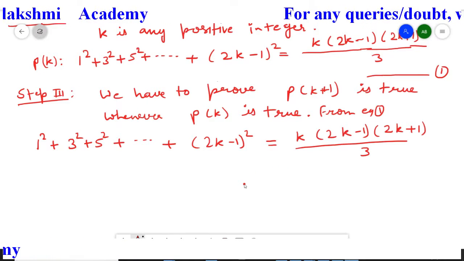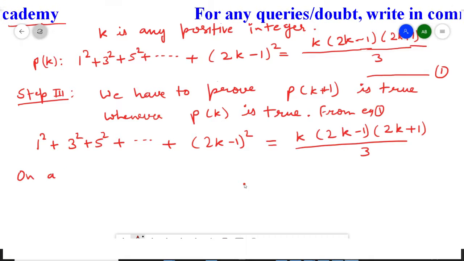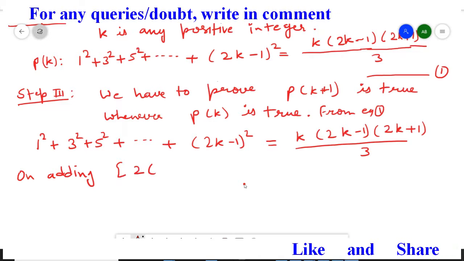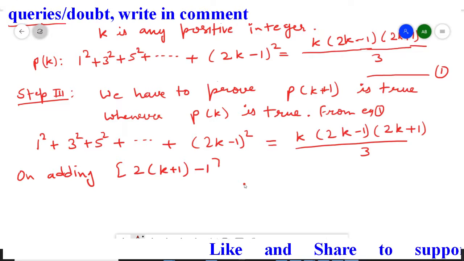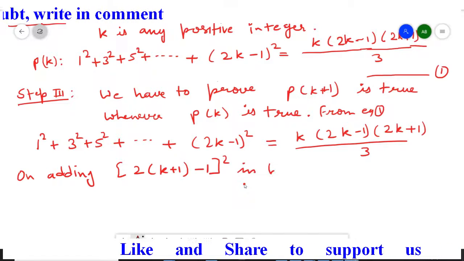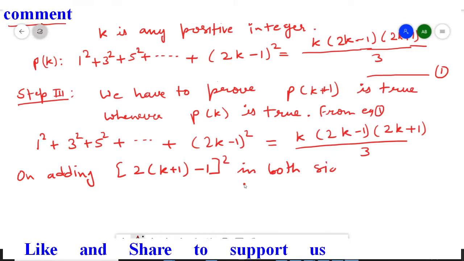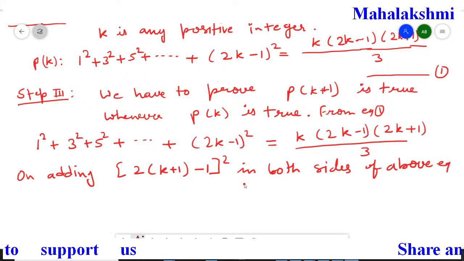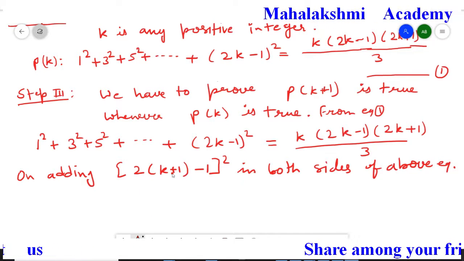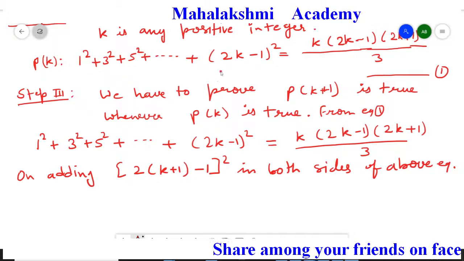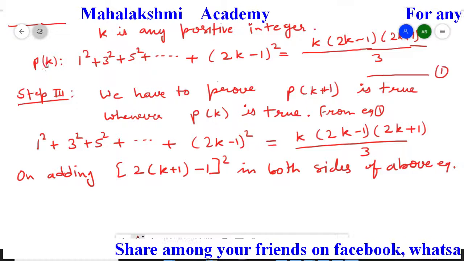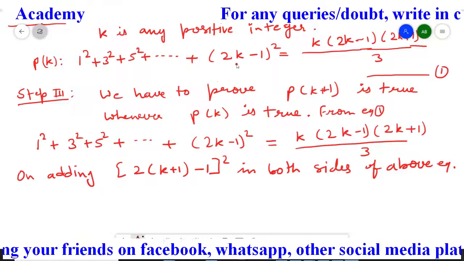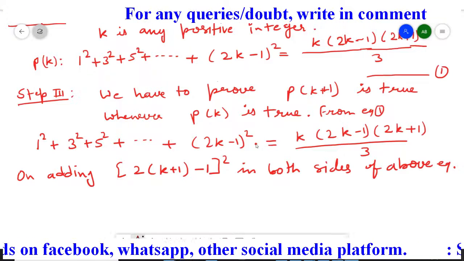So we will write down here: on adding 2 times (k plus 1) minus 1, whole square, on both sides of the above equation. How we got this, I already clarified: because we have k here, we have k there. If we want k plus 1, then this 2 should be multiplied by k plus 1. So this term we are going to add on both sides.